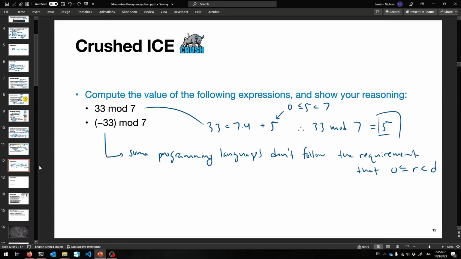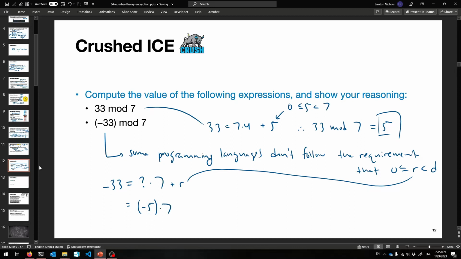So with that in mind, let's do negative 33 the right way. It's equal to something times 7 plus some remainder, and that remainder better be between 0 and d, and d is 7 here. So the only way that this works is you go a little too far on the negative side, like you go to negative 35.